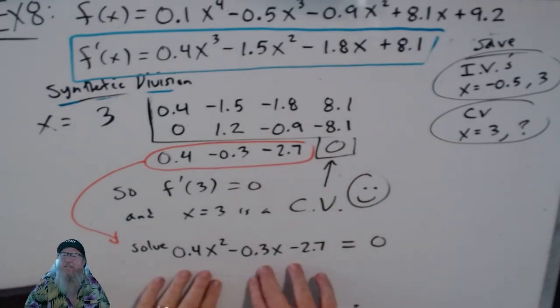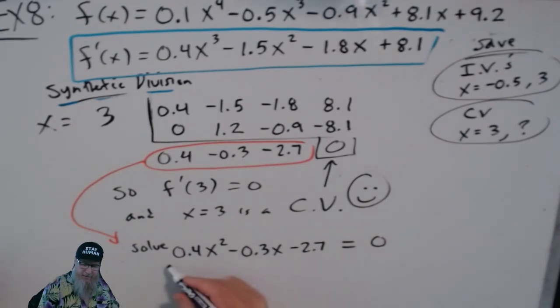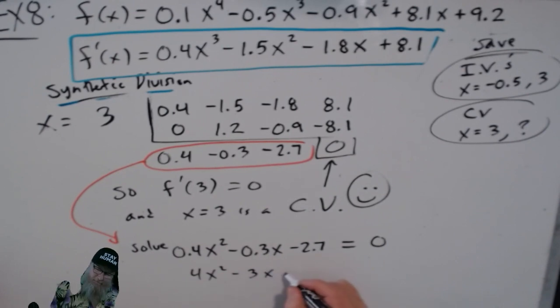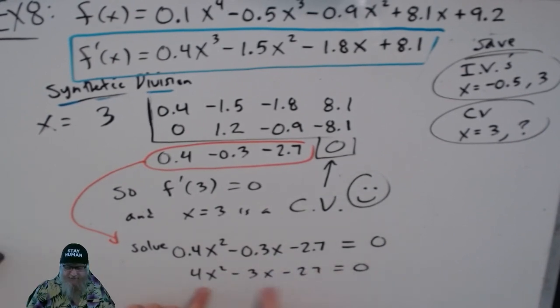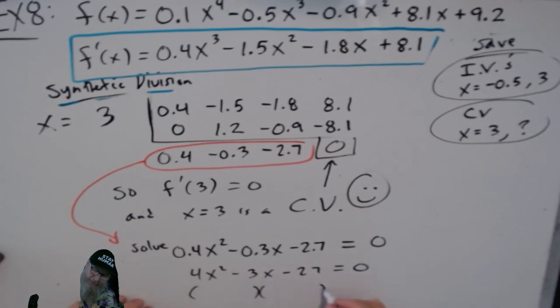Now this is solvable. It's second degree. I can solve it. Let's multiply everybody by 10. Let's see if we can divide it. No, it's not divisible by anything. Let's try factoring it.